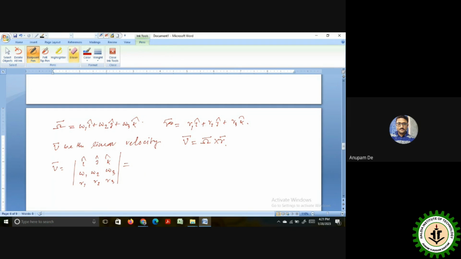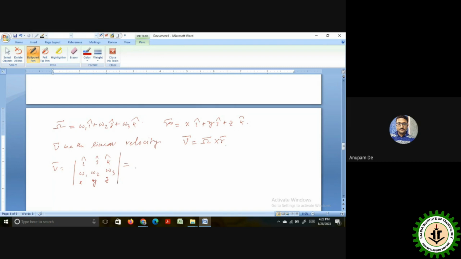I should not write r here, it will be confusing. The position vector, otherwise it will look like a constant. Let it be x, y, z. It will be easier for you to understand. x, y, z is the position vector of any point.